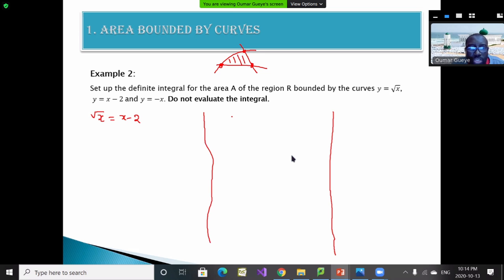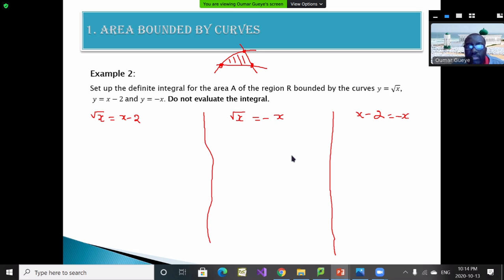And next, I'm going to solve the intersection point between the first function and the third one, minus x. And the last case, I'm going to solve x minus 2 equal to minus x. It's going to be the intersection point between the second curve and the third one.